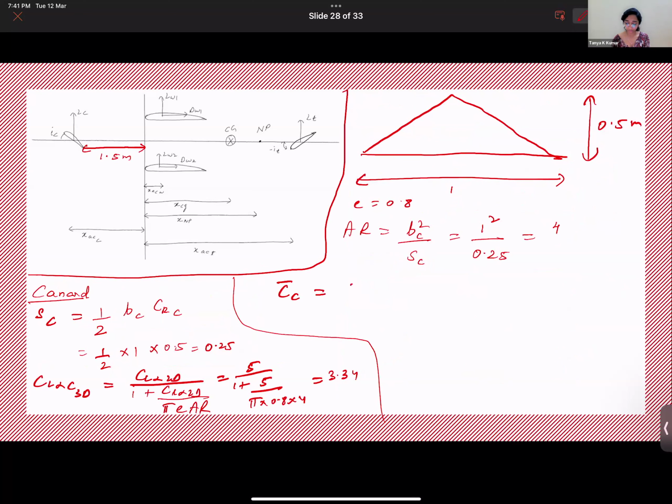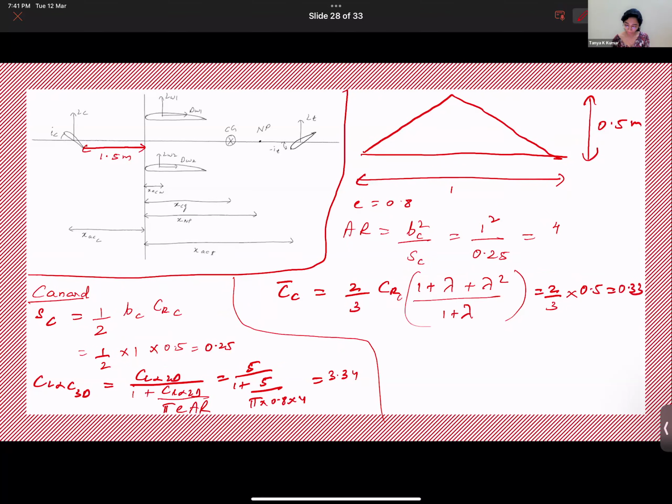You had 2 by 3 root chord, 1 plus taper ratio squared plus taper ratio over 1 plus taper ratio. Here taper ratio is 0. So what is the value here? It's just 2 by 3 into 0.5, which is 0.33.